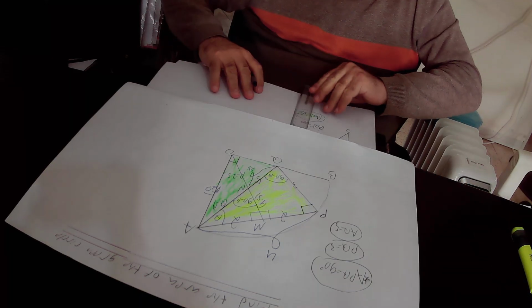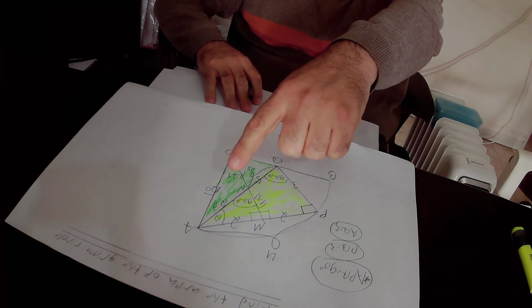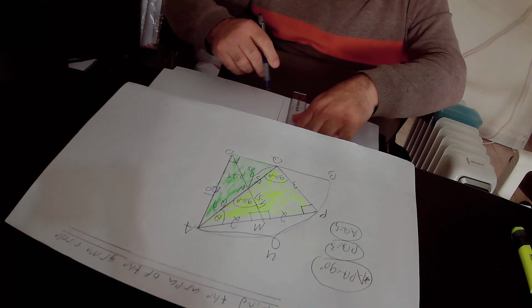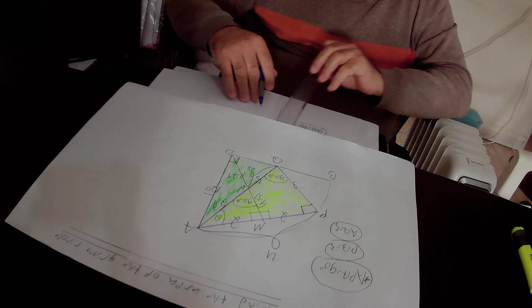In the next step, I will copy the right green triangle AOQ onto a new page, and we will implement the Pythagoras theorem on this right green triangle AOQ.